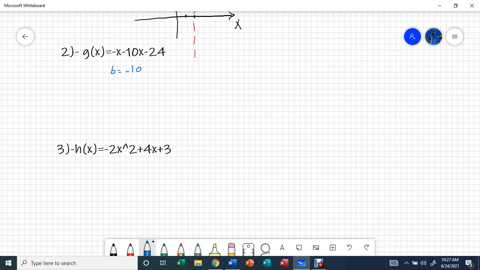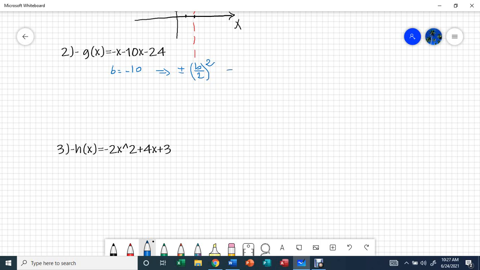So the trick to complete the square is adding and subtracting (b over 2) squared.